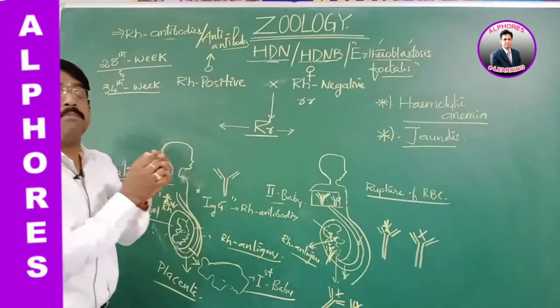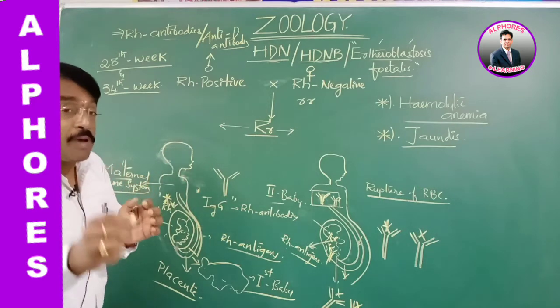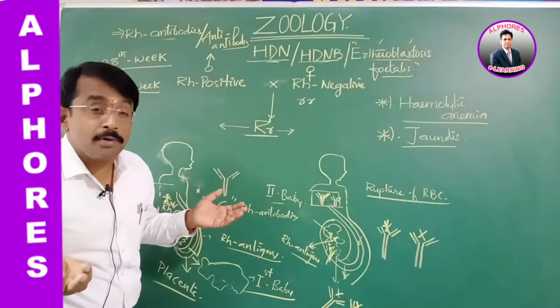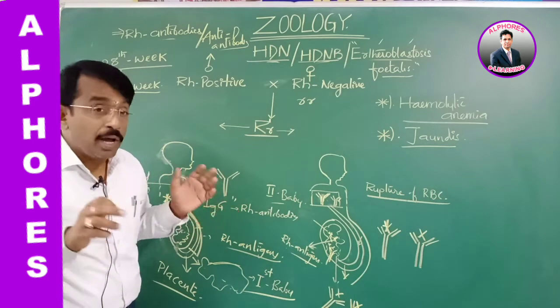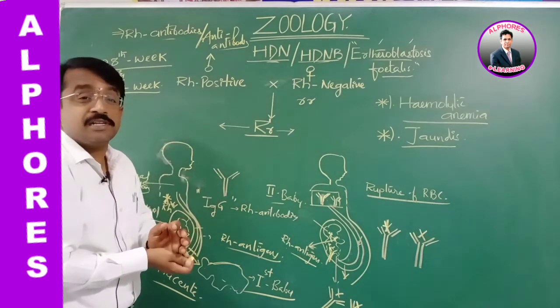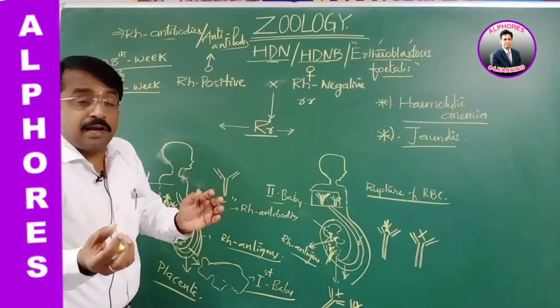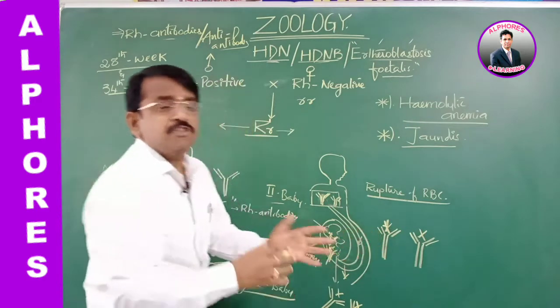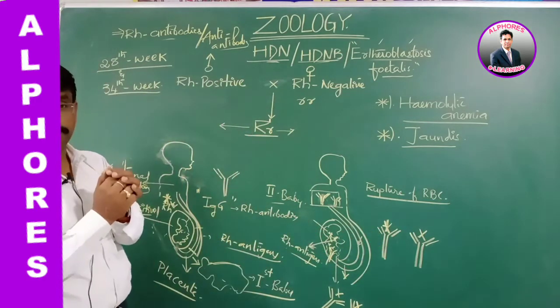Now you may raise a doubt: is that not harmful for the mother? The mother does not produce Rh antibodies. Why? As there is no sensitization. So whatever antigen is there, the administered Rh antibodies will clump it, which will be very little.